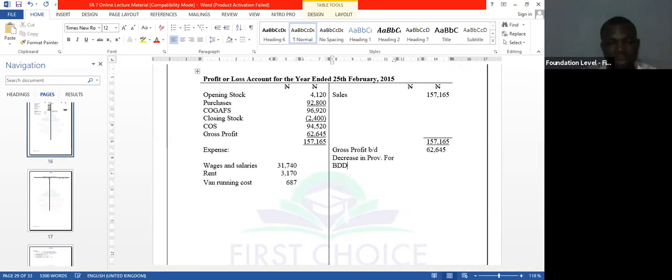If I want to show you, we have two methods of treating it. Number one, either you put it under your bad debt, or you show it on the face of your profit or loss account. If you are showing it on the face of the profit or loss account, this is how you're going to show it. But here it's under bad debt.